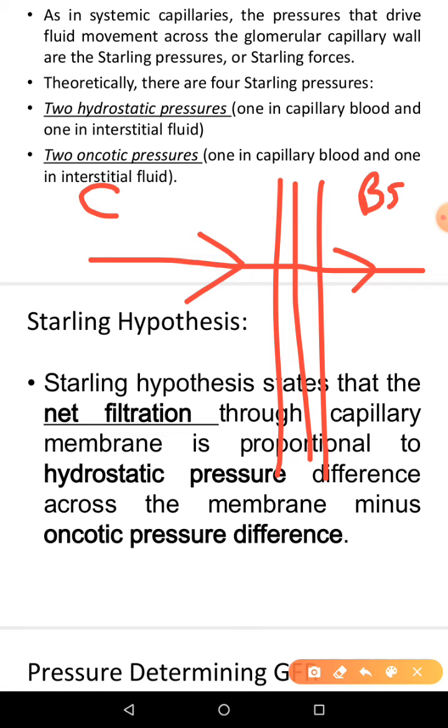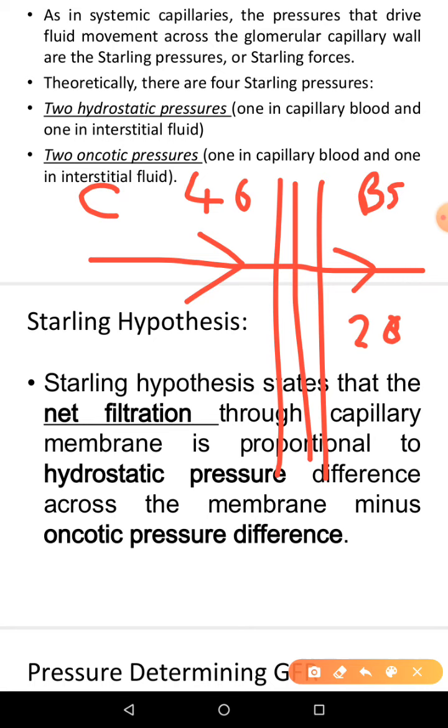So for example, if the pressure, let's say it's 40, when you measure it before the membrane, and when you measure it after the membrane, you find that maybe it has reduced to 20. Why?